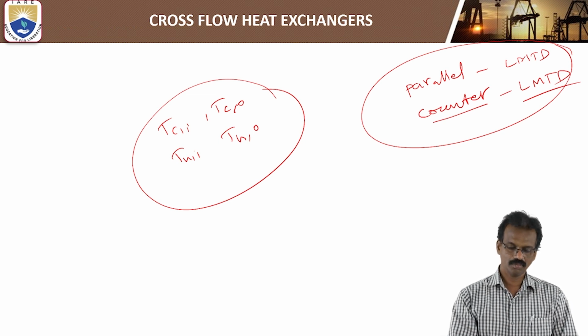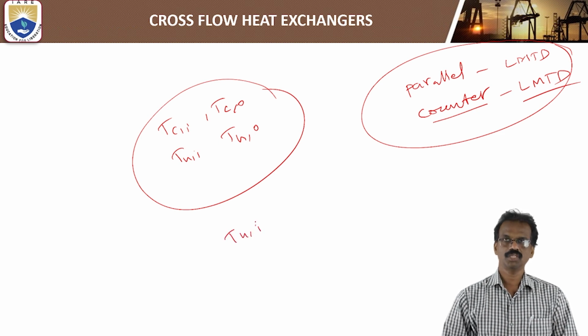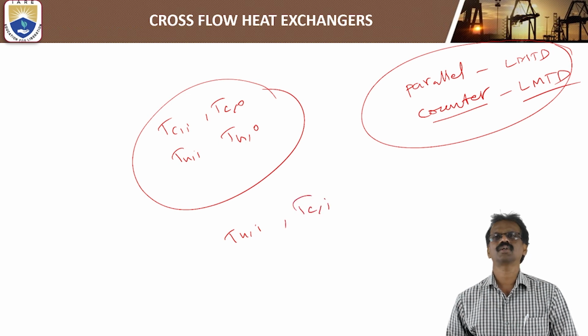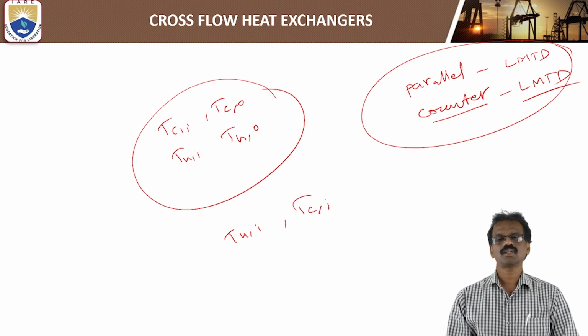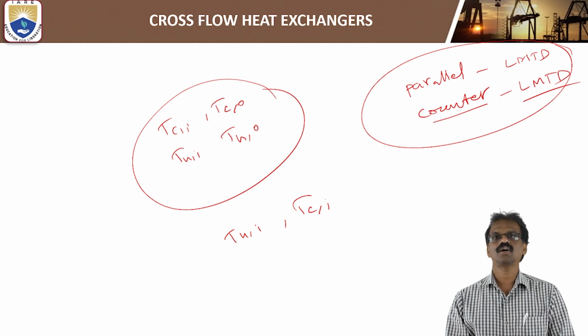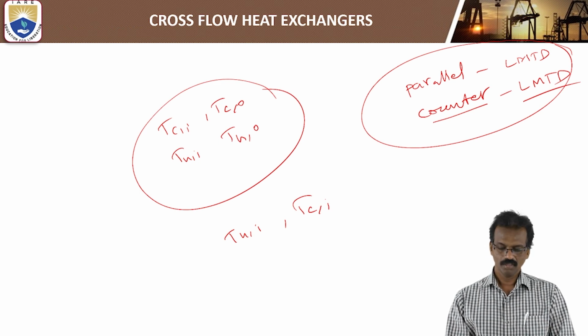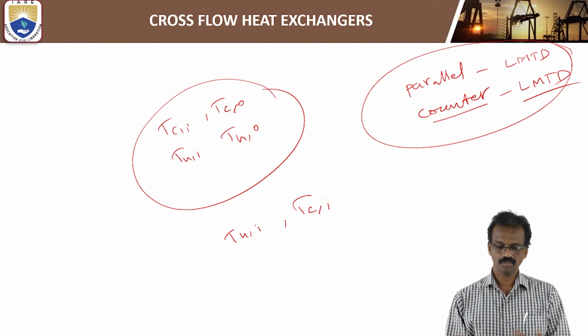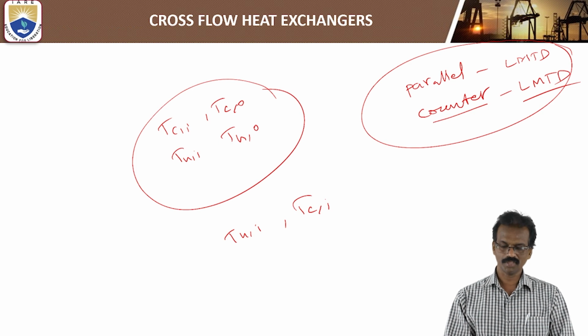Suppose we know only the inlet temperatures, the hot fluid inlet and the cold fluid inlet, because in some cases it is not possible to measure the outlet temperatures, because those outlet terminals are just connected to another system. We already discussed this in previous classes.